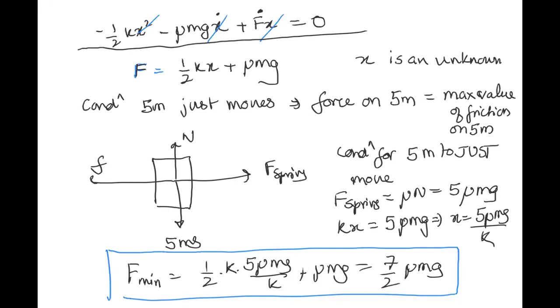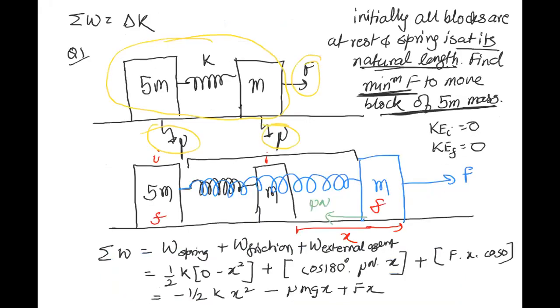And this work is ultimately not changing the kinetic energy of the system, because finally kinetic energy is zero. But I have pulled this object from this point to this point.